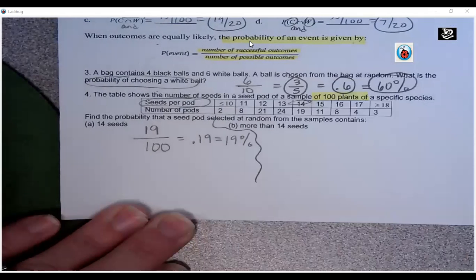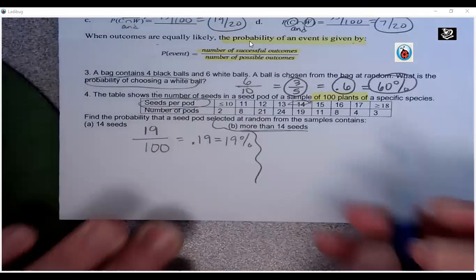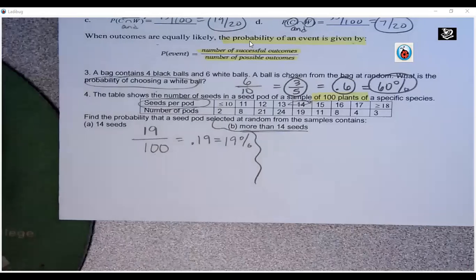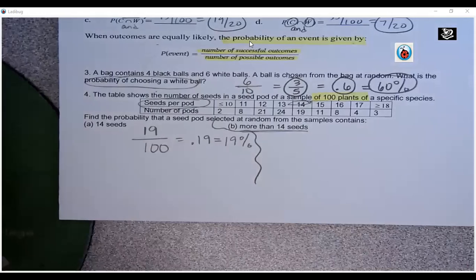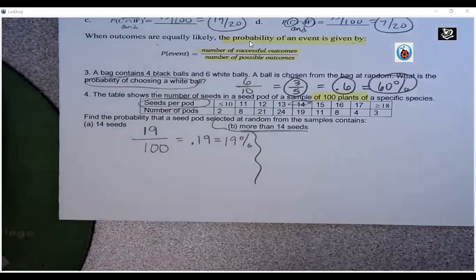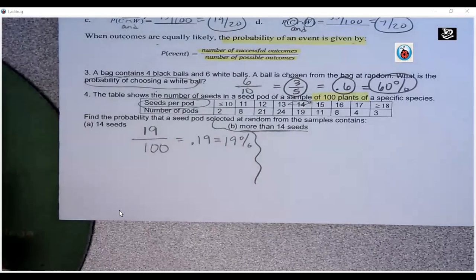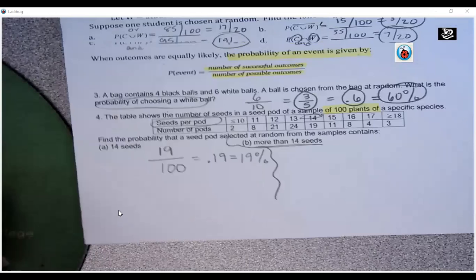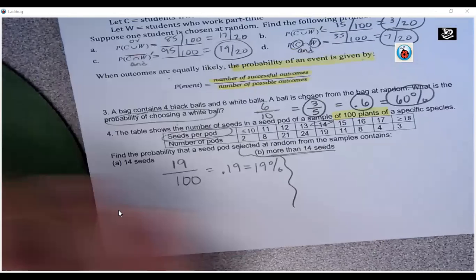All right, more than 14 seeds. What do you think we need to do on this one? Anybody? How are we going to find the probability that has more than 14 seeds in the pod? All right, so take a minute and think about that.